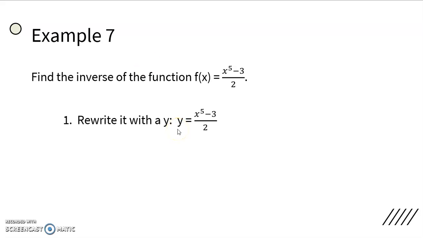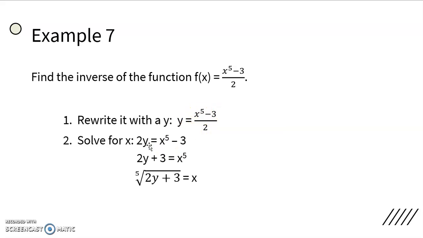Okay, so now we need to solve for x. So the first thing that I would do is multiply both sides by 2. Then I would add 3. Then I have to deal with this x to the fifth power. So remember, to undo a power, you do a root with that power. So I multiplied by 2 on both sides. I added the 3.